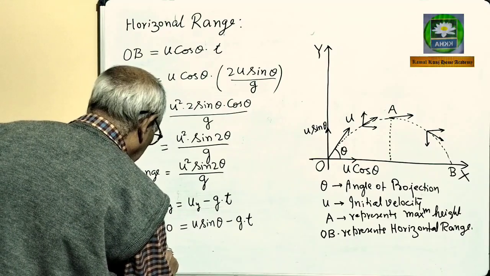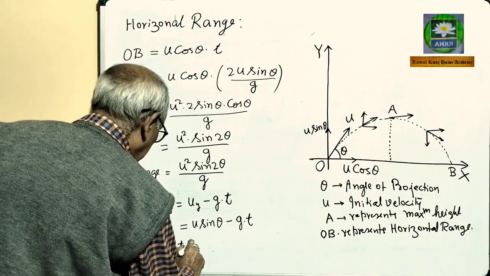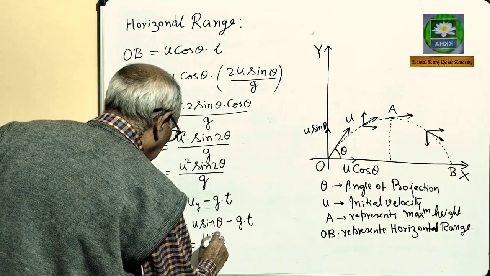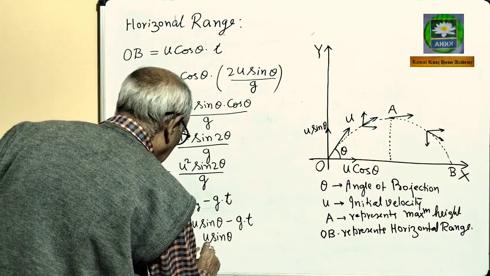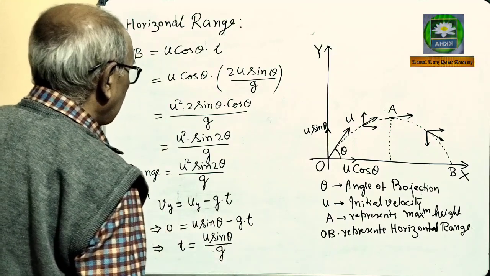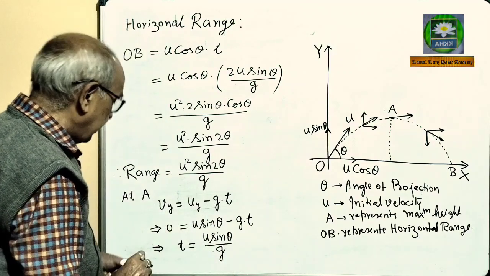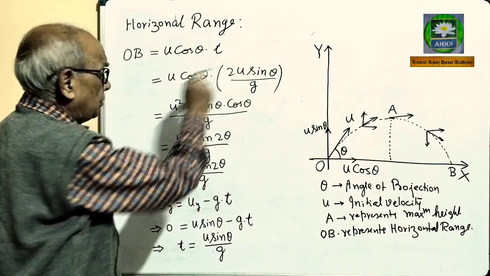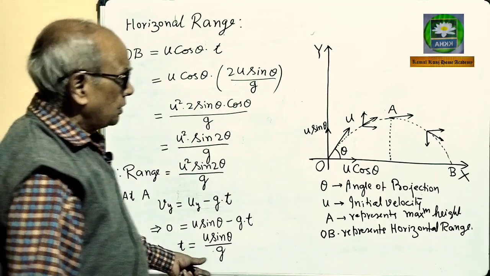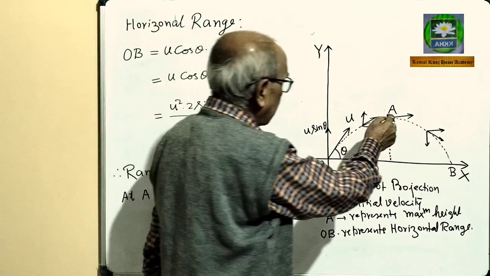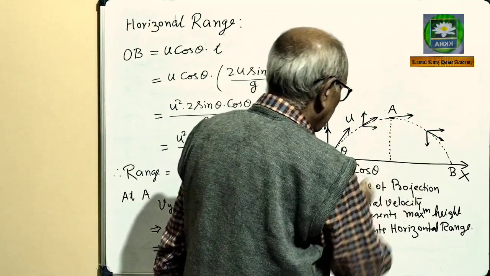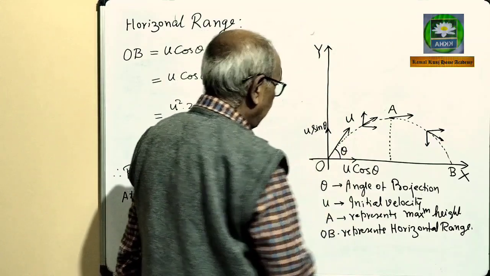This implies that t is equal to u sin theta upon g, and time of flight was twice u sin theta by g, just double of this. It means going to maximum height, time taken by the particle is half of the total time taken.